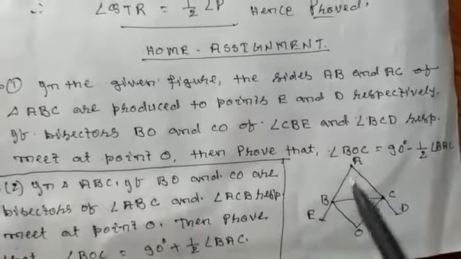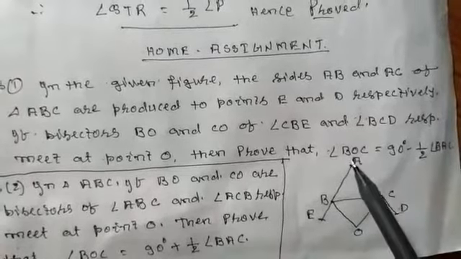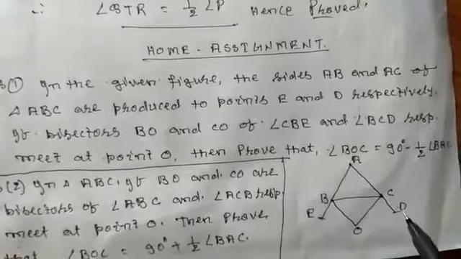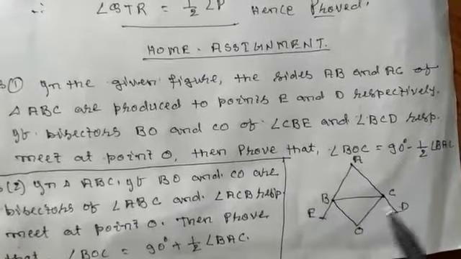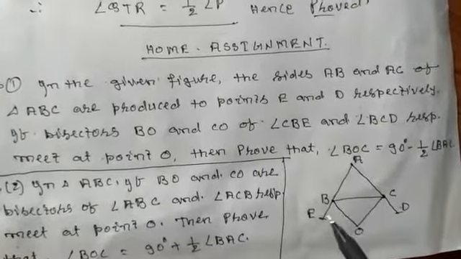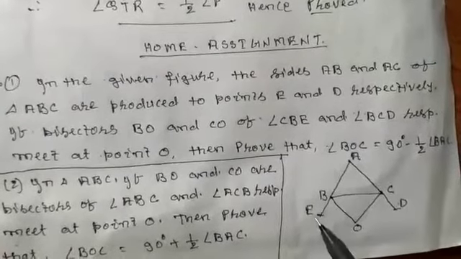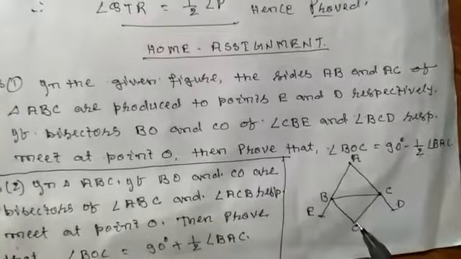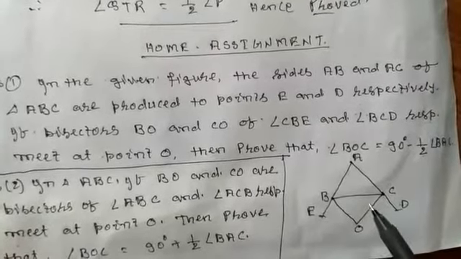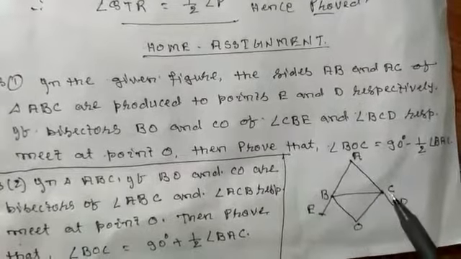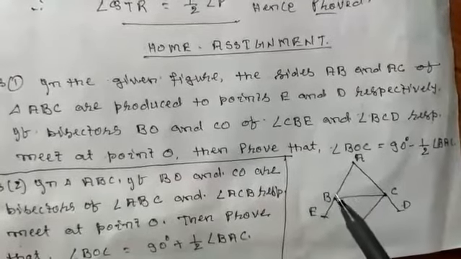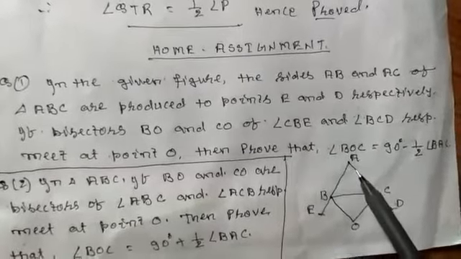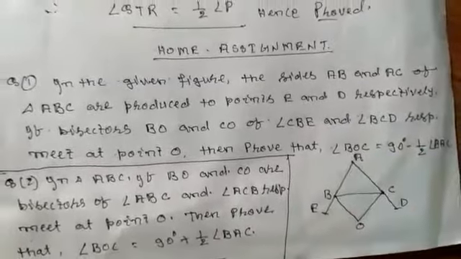Question number 1: ABC is a triangle in which side AB is produced to E and side AC is produced to D, and BO and CO are the angle bisectors of angle CBE and BCD respectively, meeting at point O. Now you need to prove that angle BOC is equal to 90 degrees minus half of angle A. This is the first question.